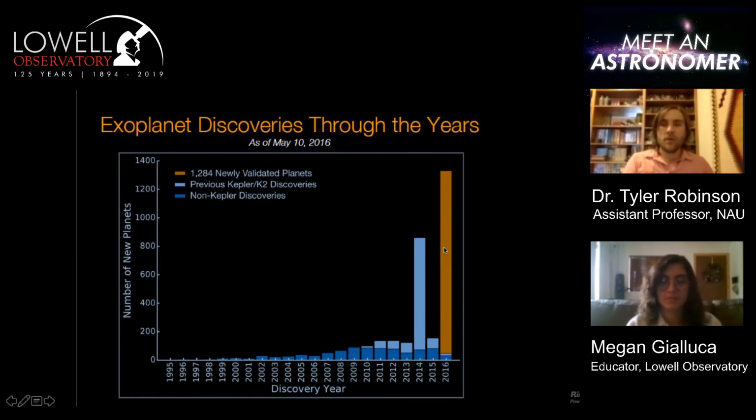And then the orange here is also additional discoveries from Kepler and K2. So thousands of exoplanets have been discovered thanks to NASA's Kepler mission and NASA's K2 mission.